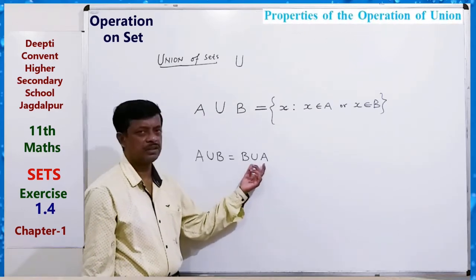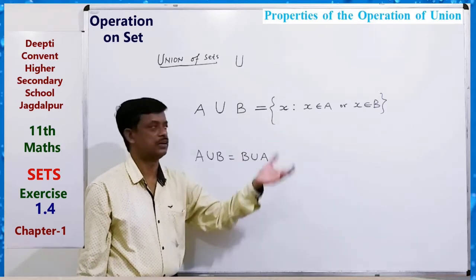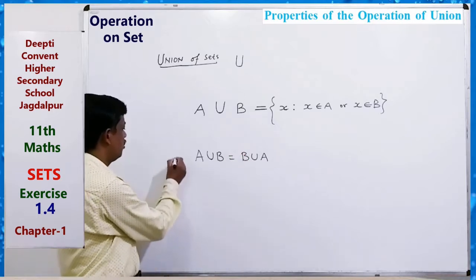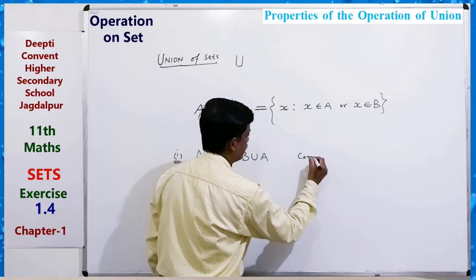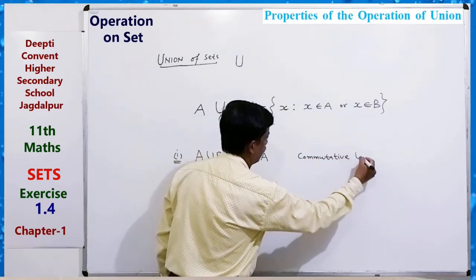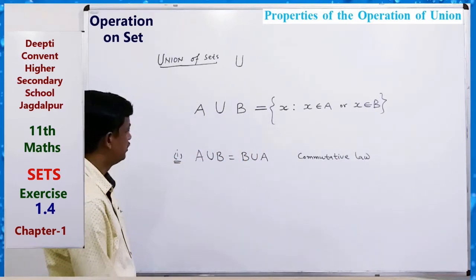This also contains all the elements x such that x belongs to B or x belongs to A. So this is called the commutative law for union.